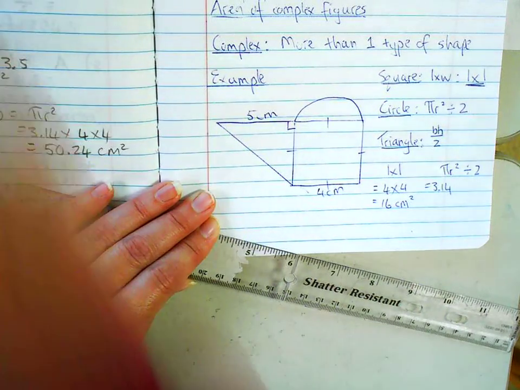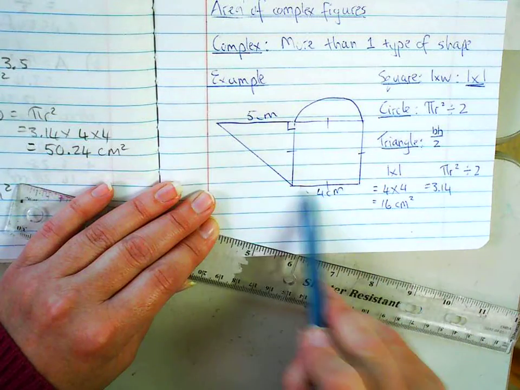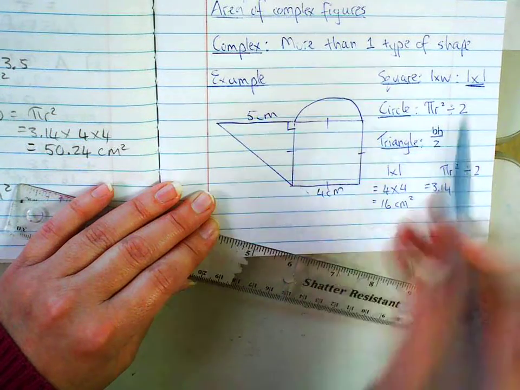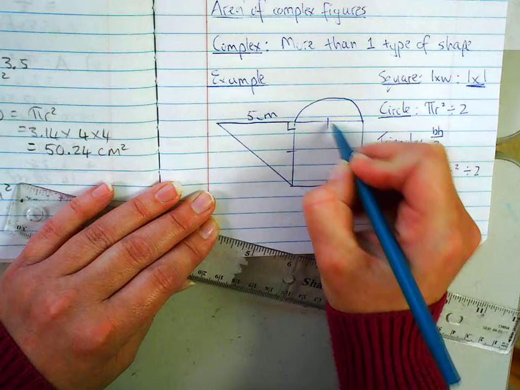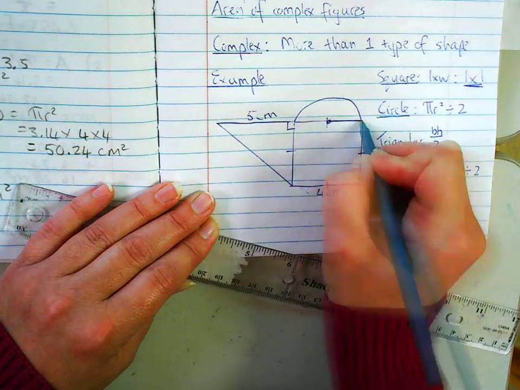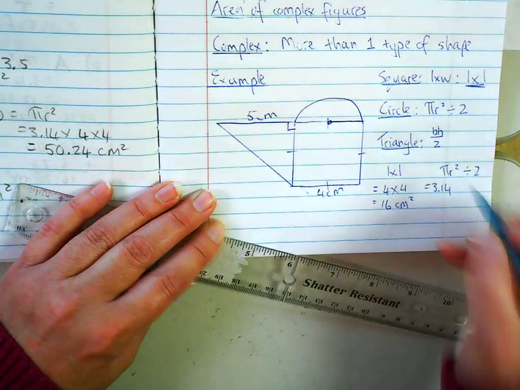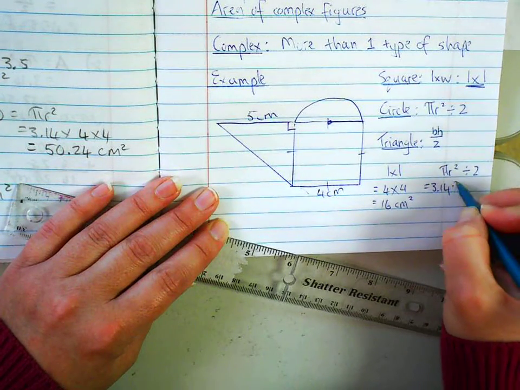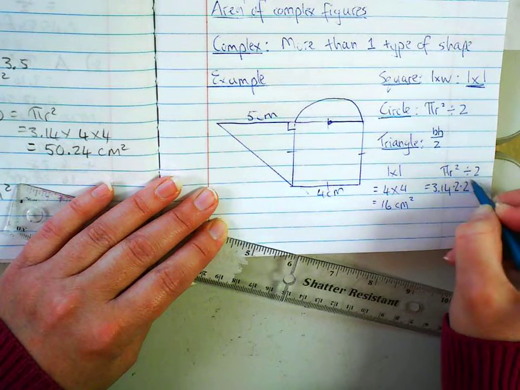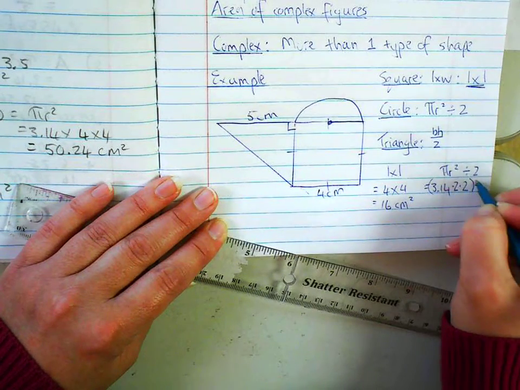If this is 4, then this diameter is also 4. But I'm not looking for the whole diameter, I'm just looking for the radius, half of it. And what's half of 4? It's 2. So it's pi times 2 times another 2. Then I'm going to take all of this and divide it by 2.